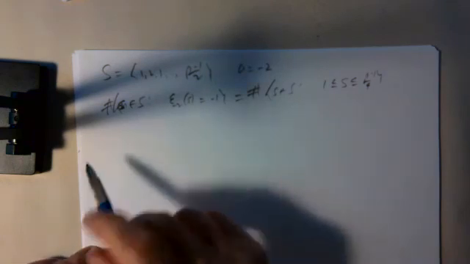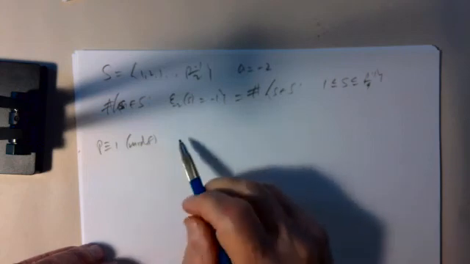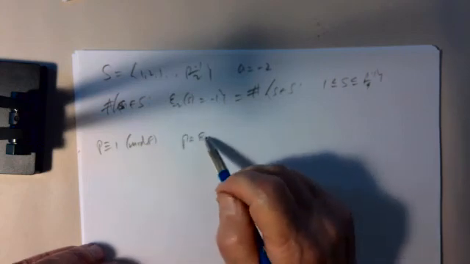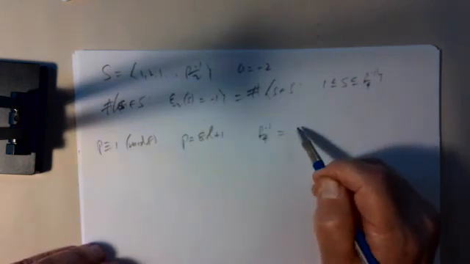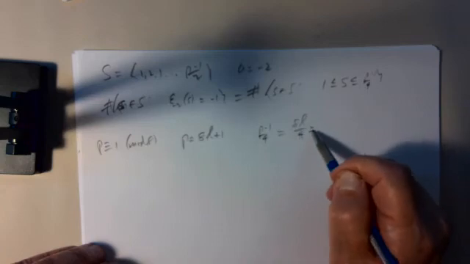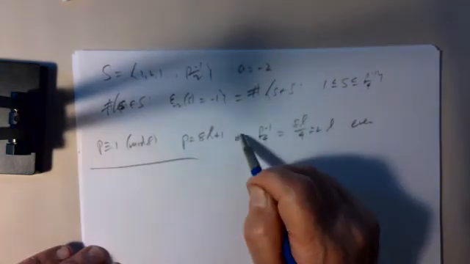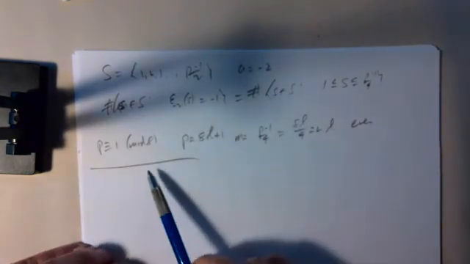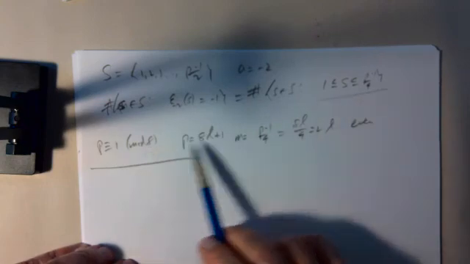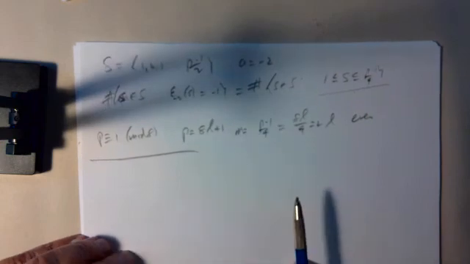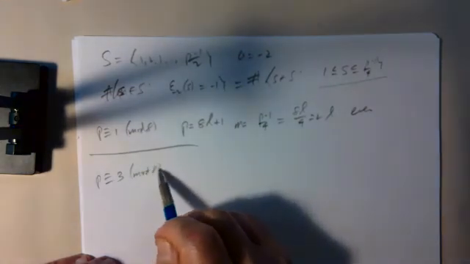So if P is congruent to 1 mod 8, P is a number of the form 8L+1. So (P−1)/4 is 8L/4 = 2L, which is even. So the number of integers in this set is even if P is congruent to 1 mod 8. Suppose P is congruent to 3 mod 8.